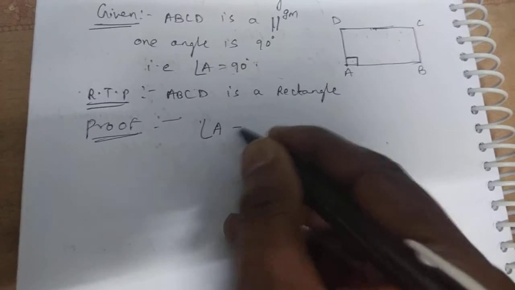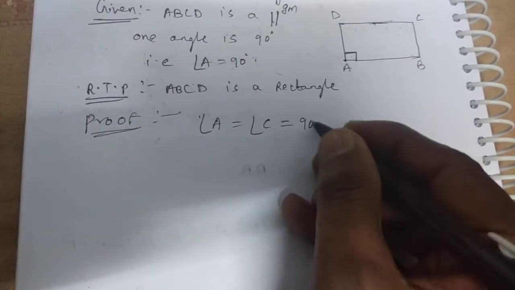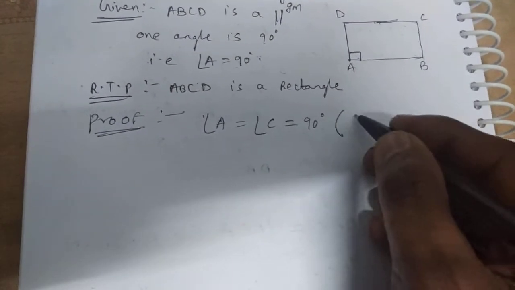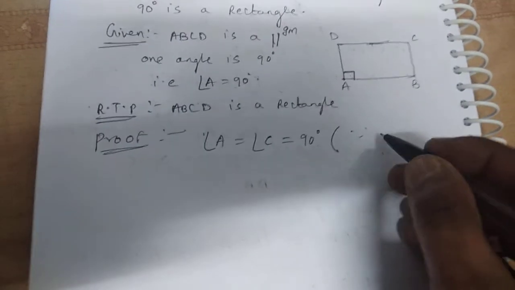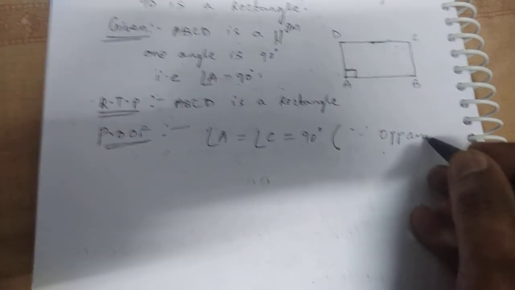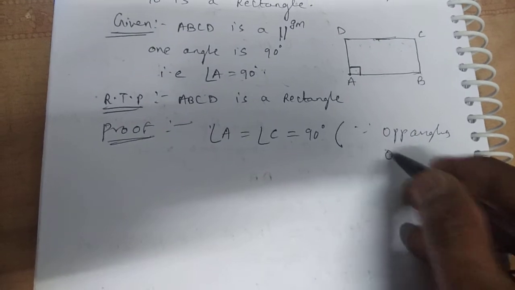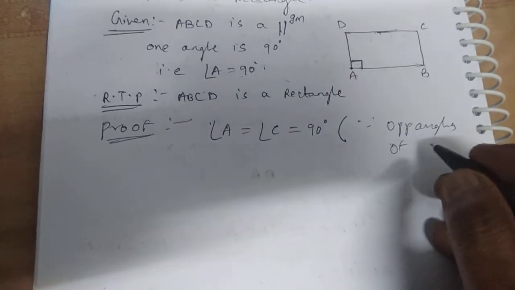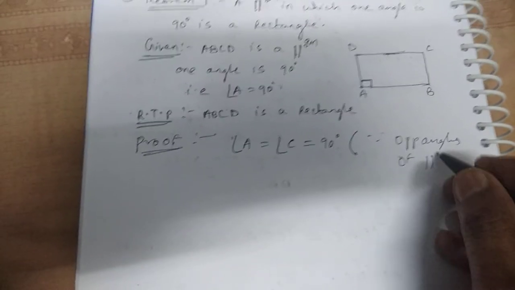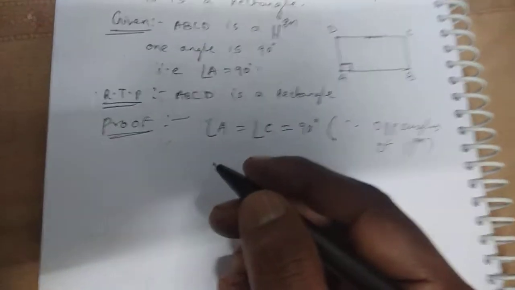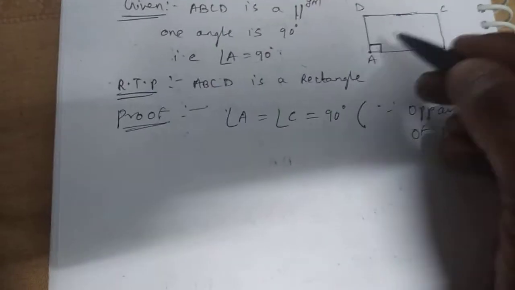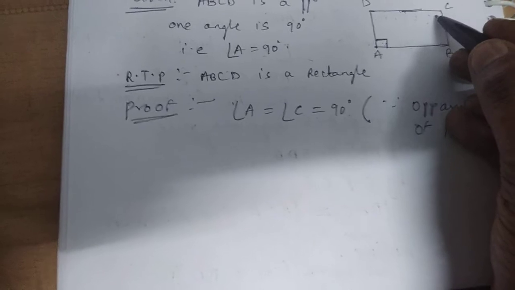Angle A and angle C, both of them are equal to 90 degrees, since they are opposite angles of a parallelogram. Because they are opposite angles of a parallelogram, angle A will be 90 degrees, angle C also will be 90 degrees.